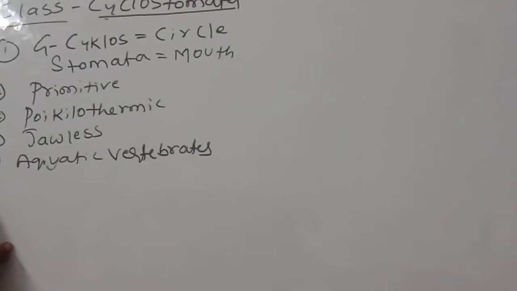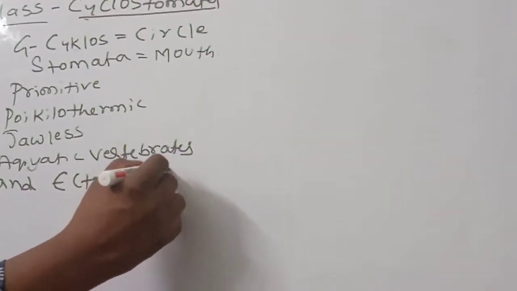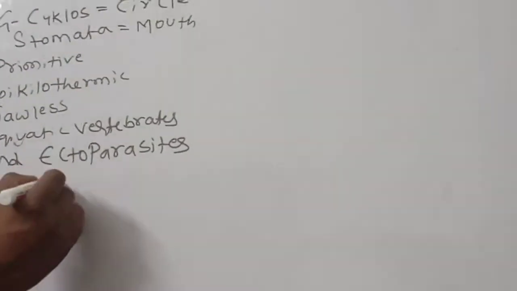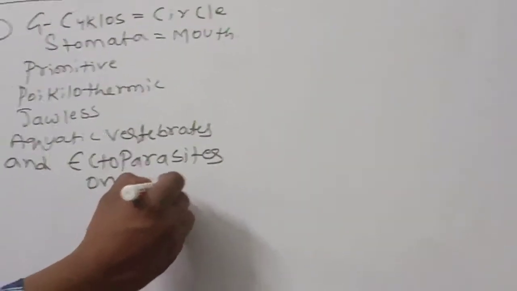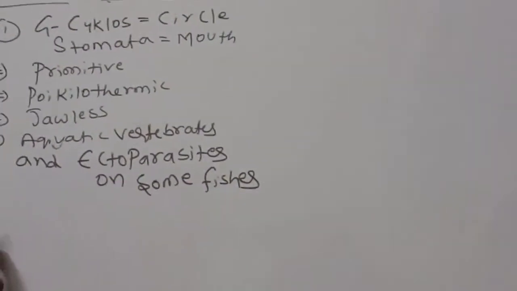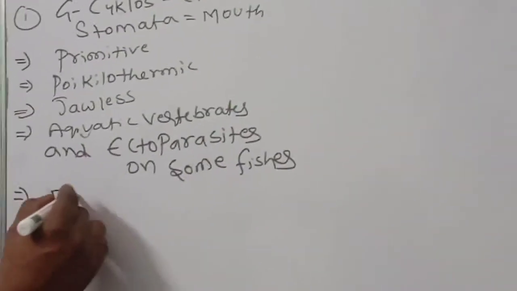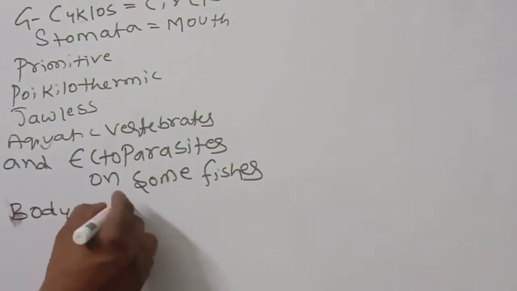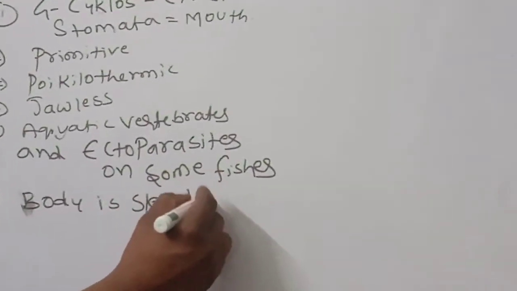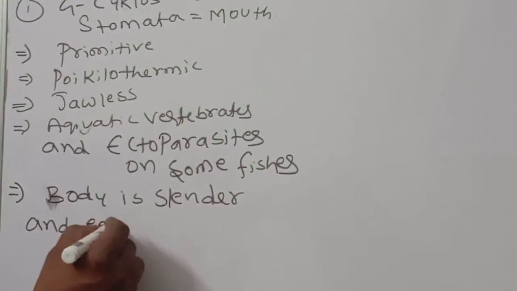Another important one: they are ectoparasites, which means they live outside on some fishes. This point also you should remember. Body is slender, and eel-like.